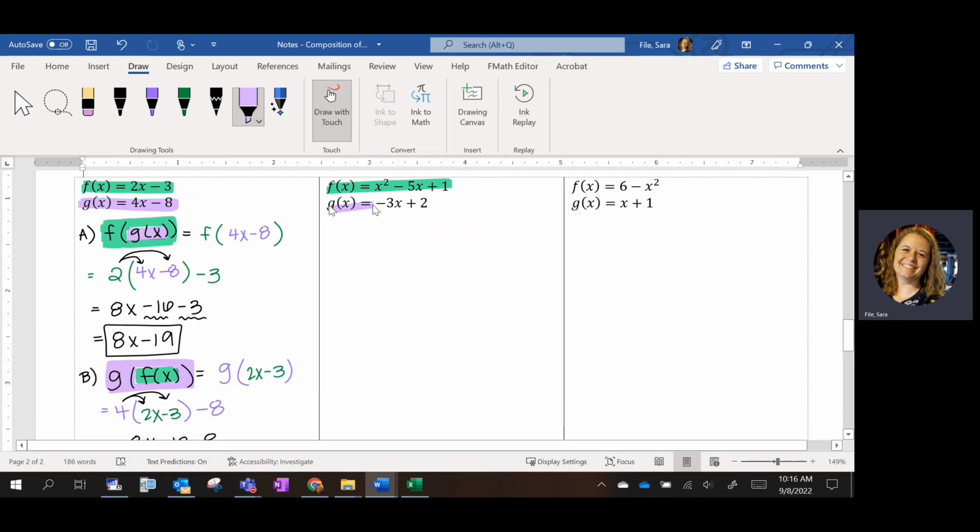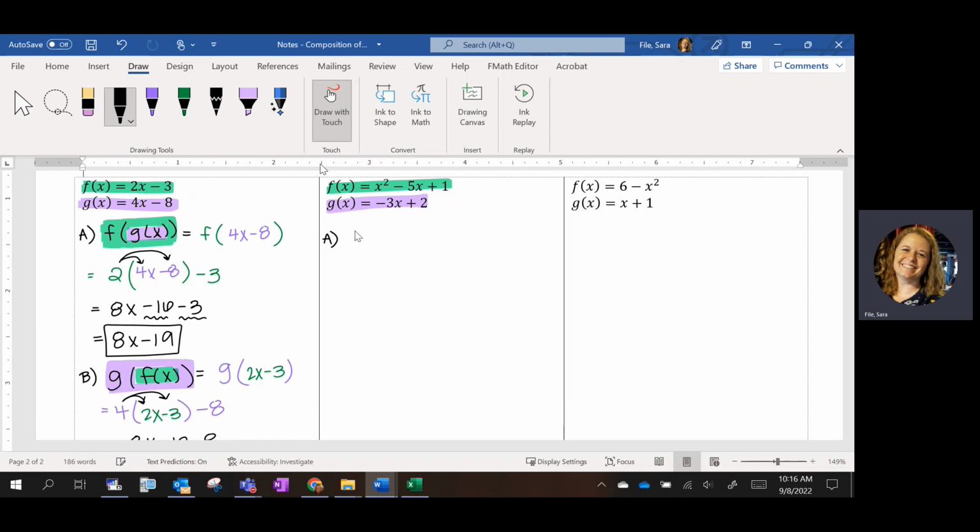So it doesn't change our process at all, but fair warning, those of you who tried it realized it is a little more algebra once you actually get the inputting done and you're doing the simplifying. It takes a little longer because there's more simplifying to do, mainly because you're having to square an expression. And here x is in multiple spots, so it has to be plugged in multiple spots.